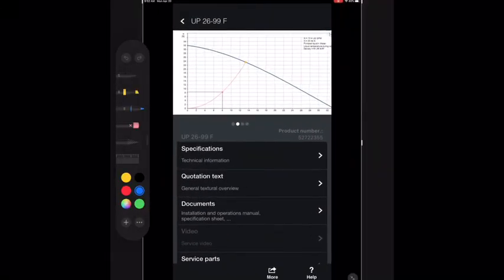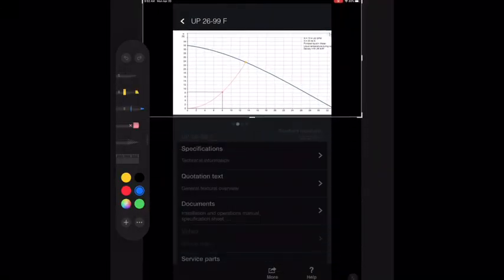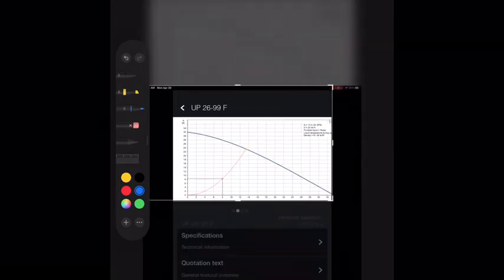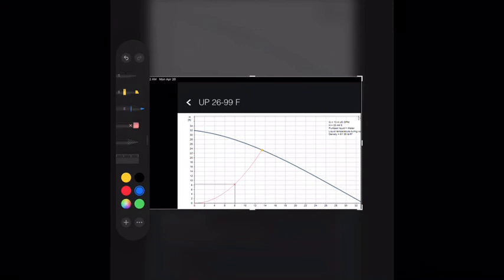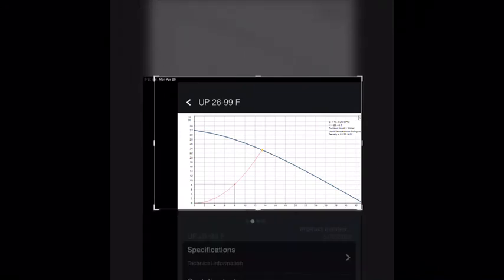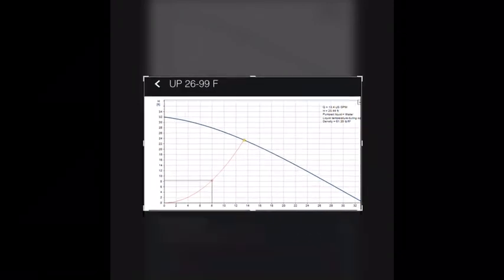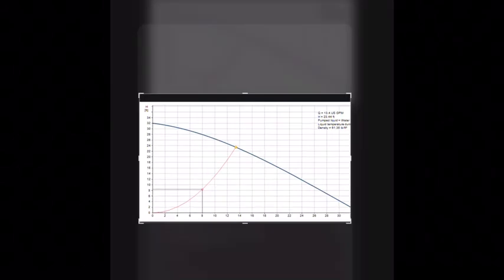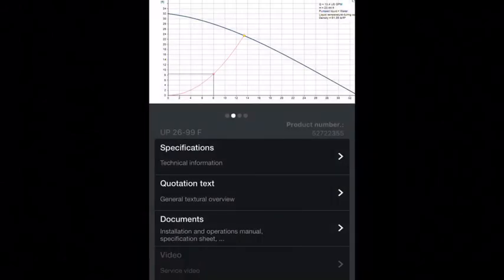Okay, I'm going to make this one a little bit smaller, and I'll bring it back into the problem. All right, and that one's done. Save it to my photos.